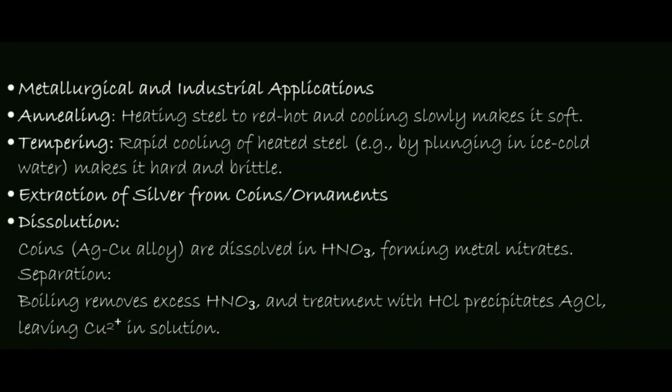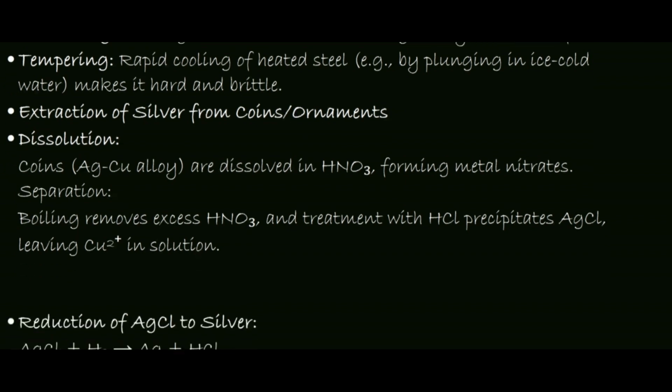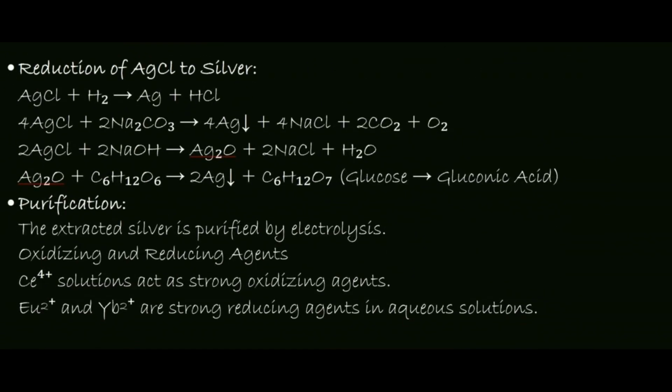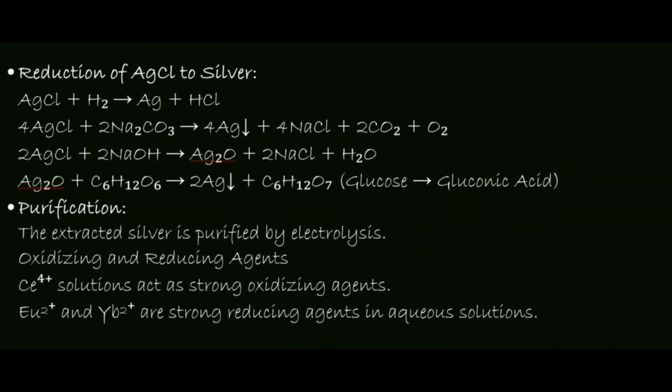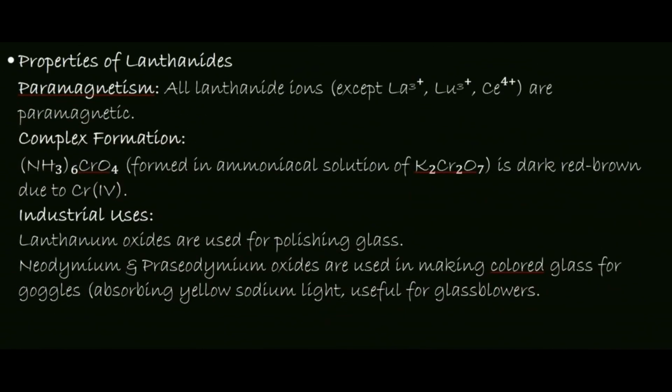Okay, in case of metallurgical applications, it is used in annealing, tempering, and extraction of silver from coins and ornaments. These elements are used. Okay, and it is used in purification techniques as well. So these are some uses of transition and inner transition elements.